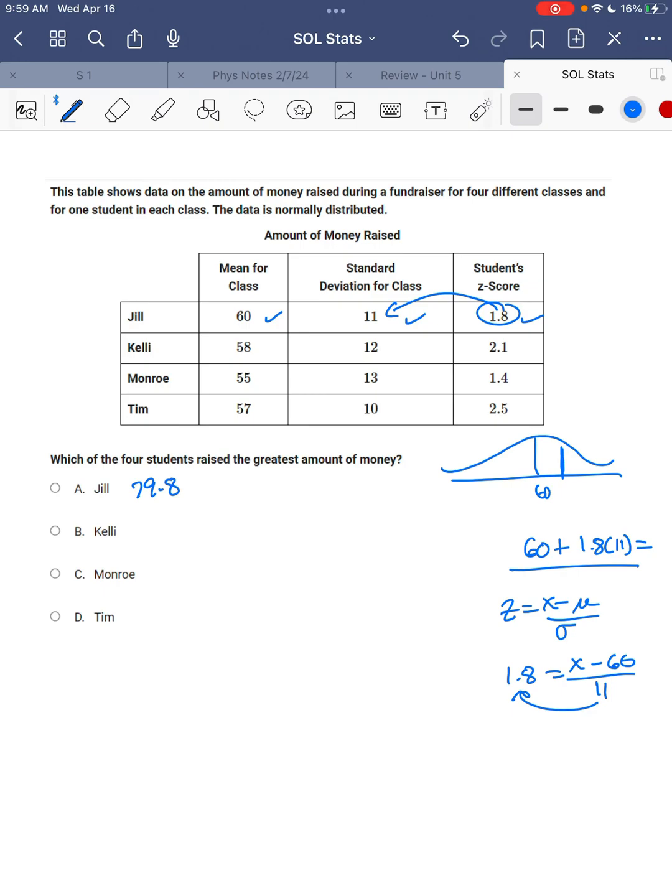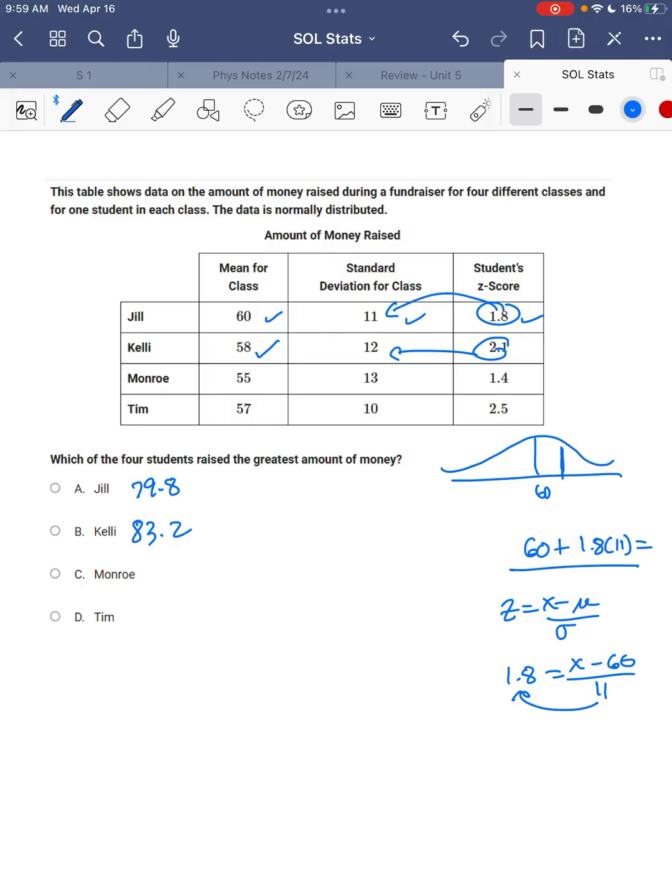All right, now Kelly. Kelly was above her middle. Her middle was 58, so 58 plus. She was above it by 2.1 of these, by 2.1 times 12. That is 83.2. So she's already higher with her money. All right, Monroe.